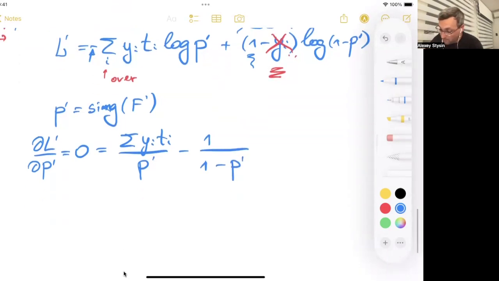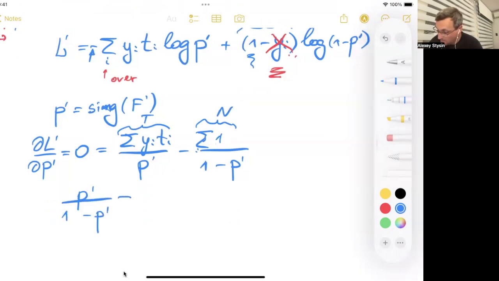And from here we see that p prime, oh sorry, this is going to be the sum of ones, and the sum of ones is the number of original examples, the number of original impressions. So this is the sum of 1, and this is equal to the original number of examples n. This is the watch time t. So p prime over 1 minus p prime is going to be t over n, or expected watch time t.